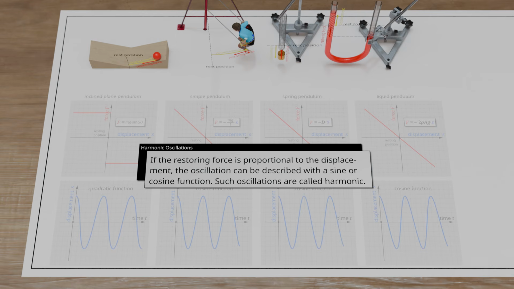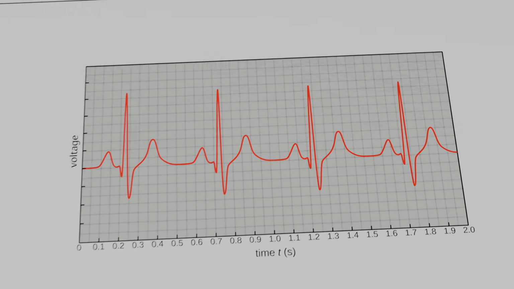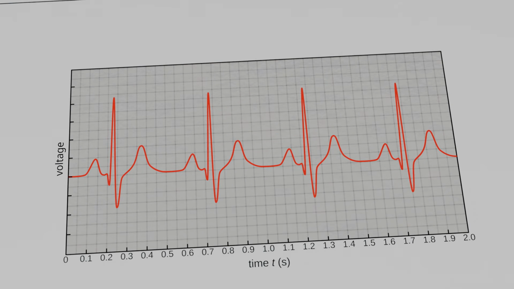Finally, let's look at the characteristic quantities of periodic oscillations, which are oscillations that show a repeating motion pattern. It does not matter whether the oscillation is harmonic or non-harmonic. As an example, we consider the periodic fluctuation of voltage recorded during an electrocardiogram, or ECG, of the heart. First, we notice that within the observed time span of 2 seconds, the process repeats itself in the same way.